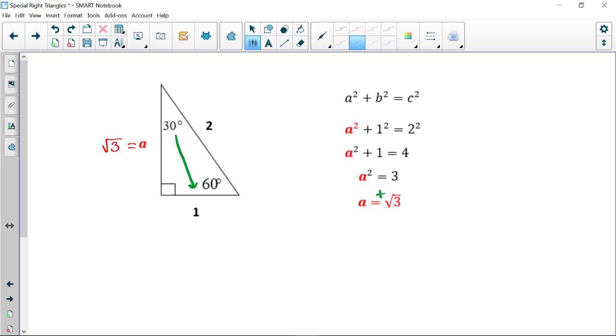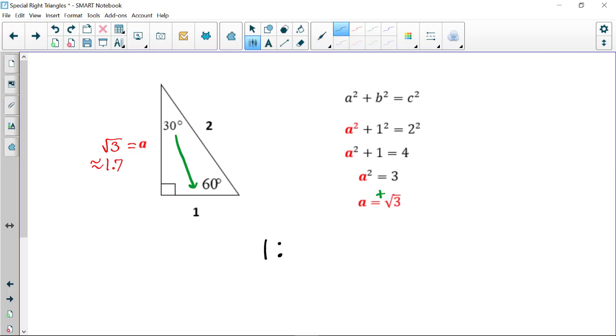Now, what is square root of 3 approximately as a decimal? It is 1.7. So the shortest side is 1, the middle side is 1.7, and the longest side is 2. There's that special ratio, but we want to talk about exact values.